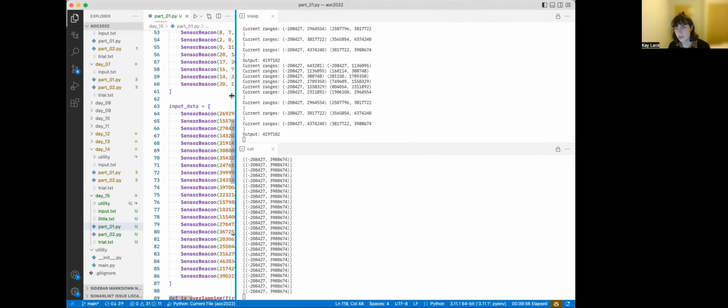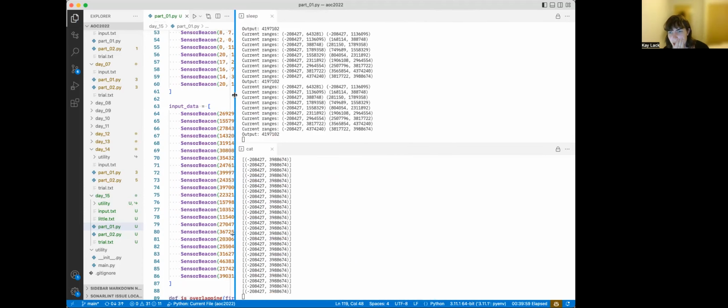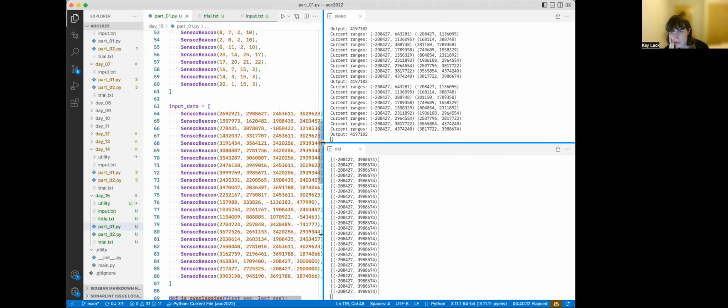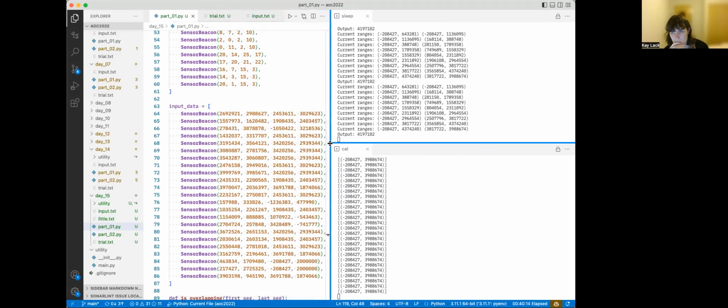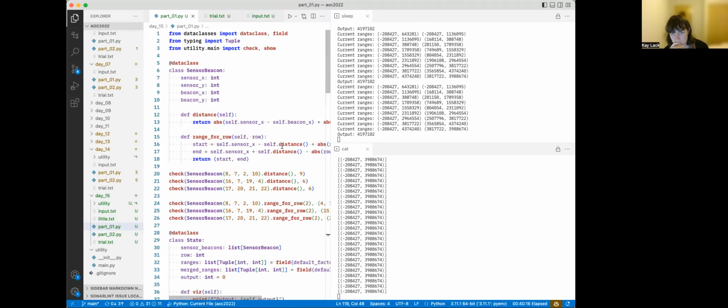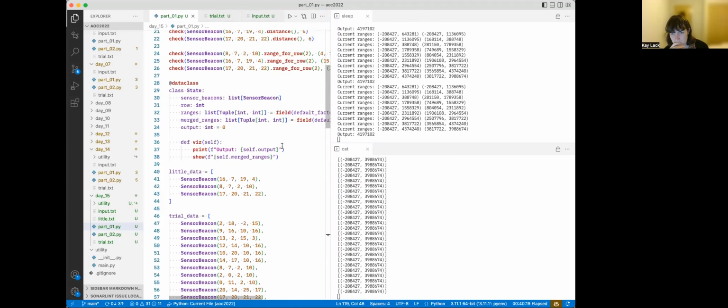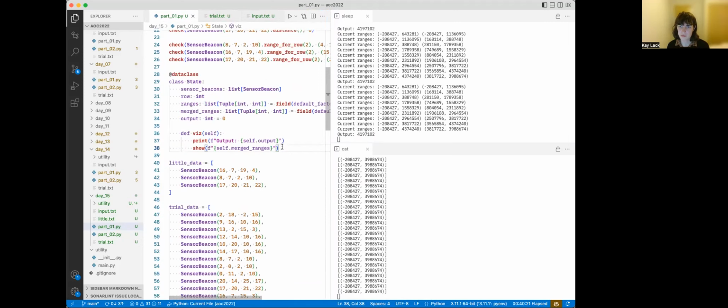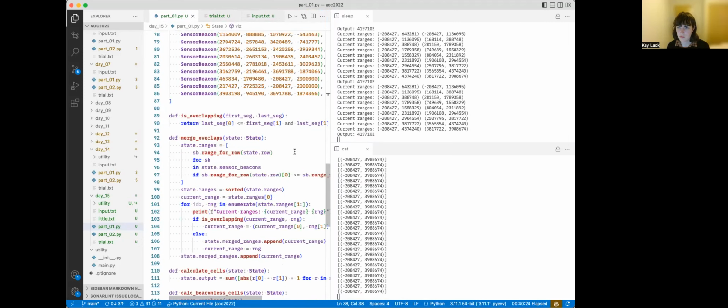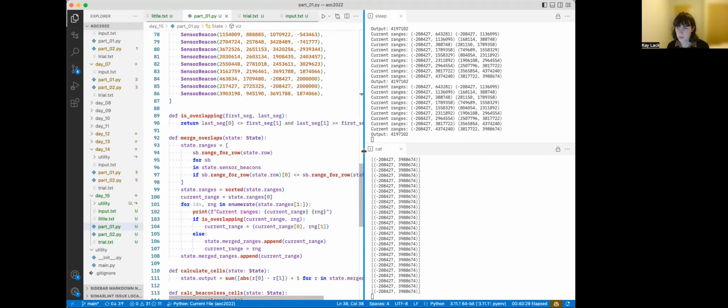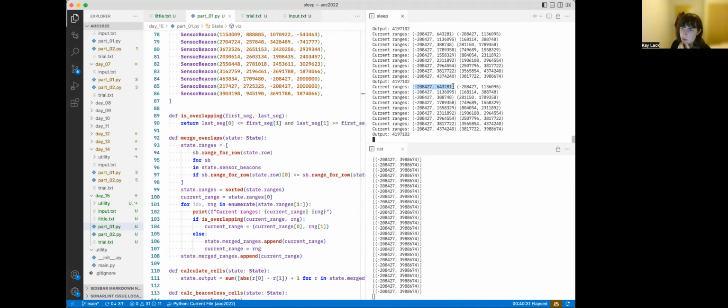Okay, so one thing we do know is they're all combining themselves for some reason. They've all got the same x for some reason. So we're checking whether these two overlap.